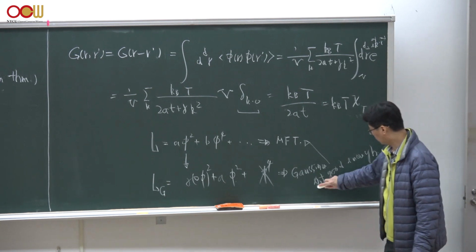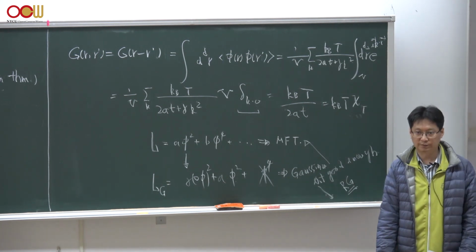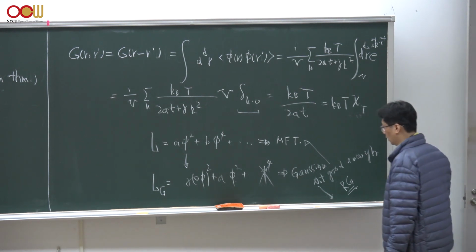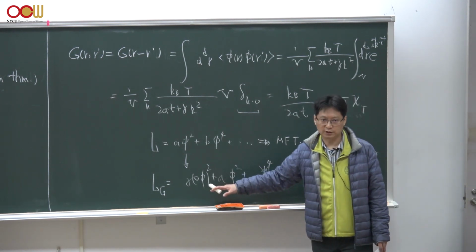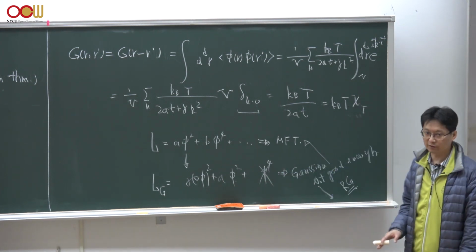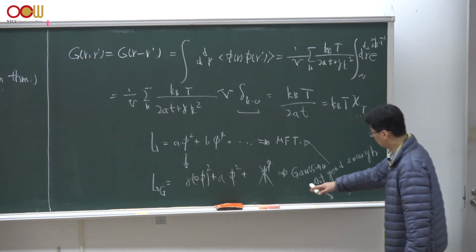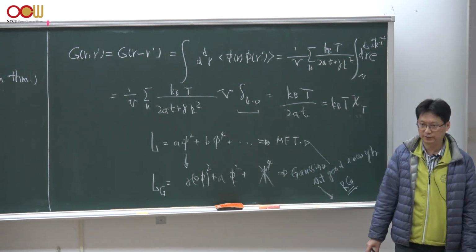The way to fix this problem is by using a renormalization group analysis of the full Landau expansion of the free energy up to the quartic term. Okay, the simple perturbation theory fails even if we include this quartic term beyond the Gaussian.